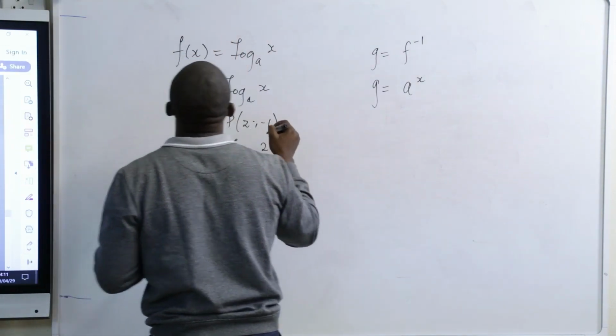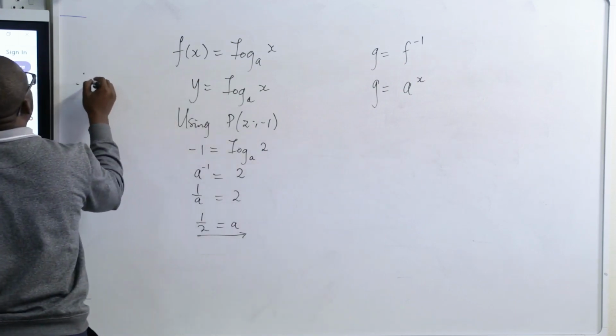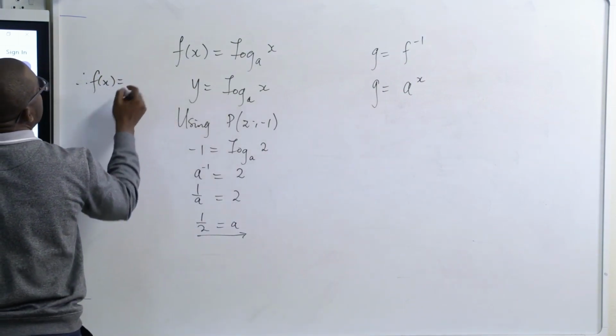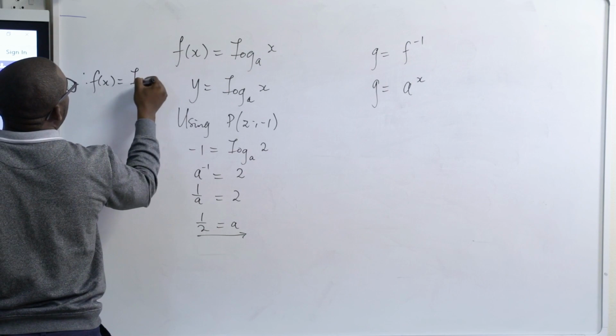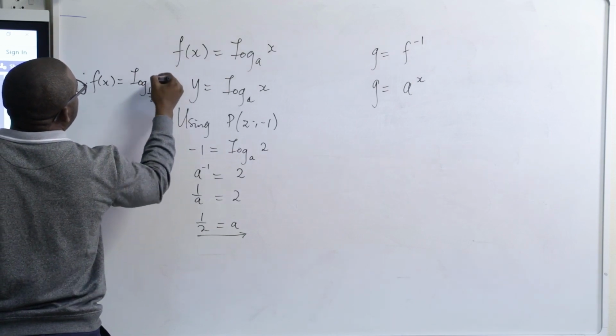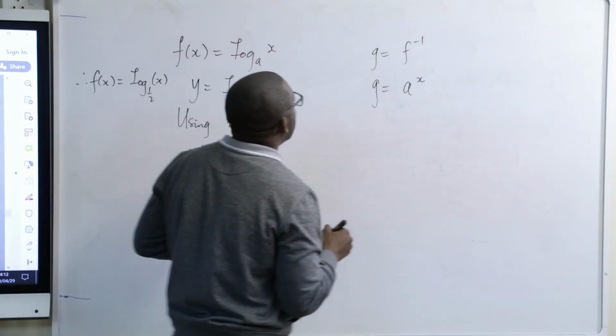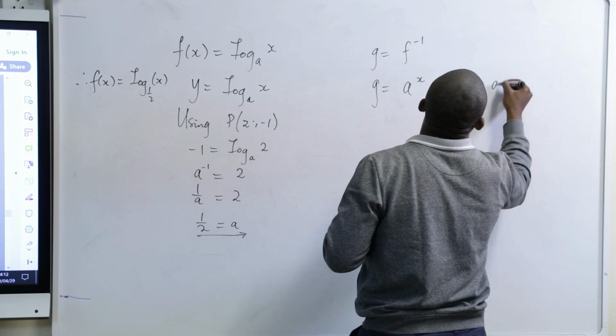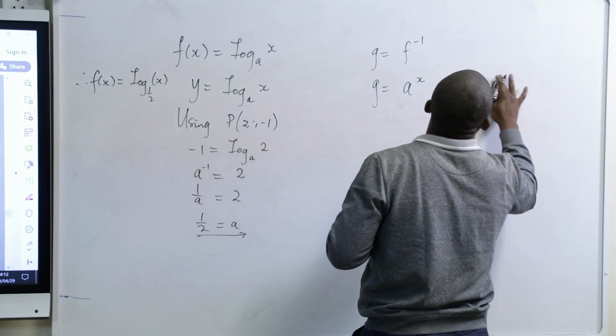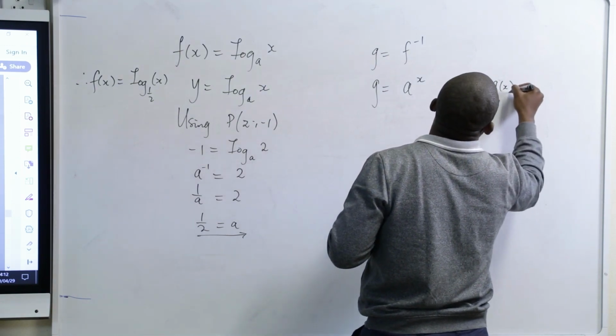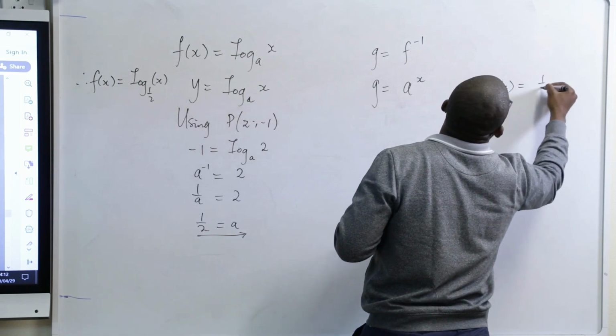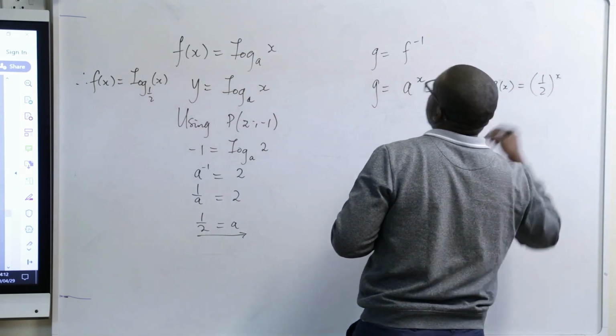Therefore, f of x was actually equal to log to base half of x. Then, therefore, g of x was equal to half to the x.